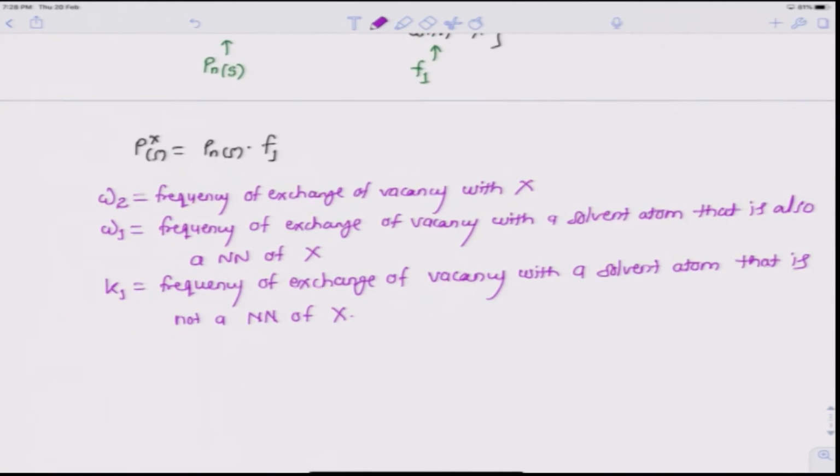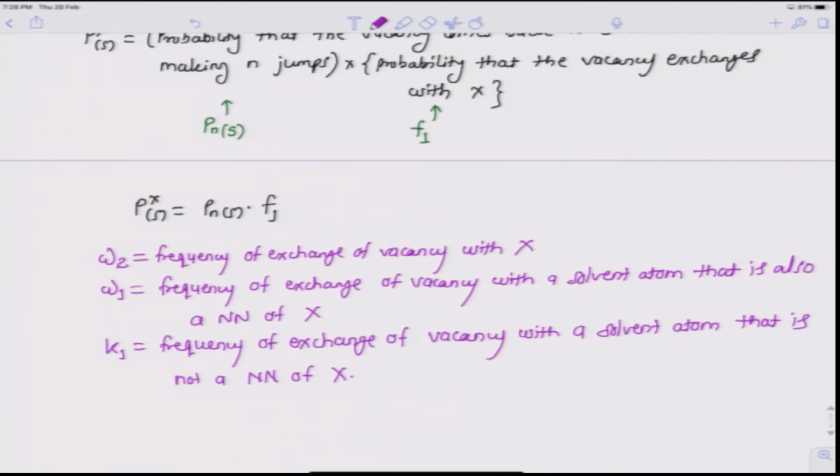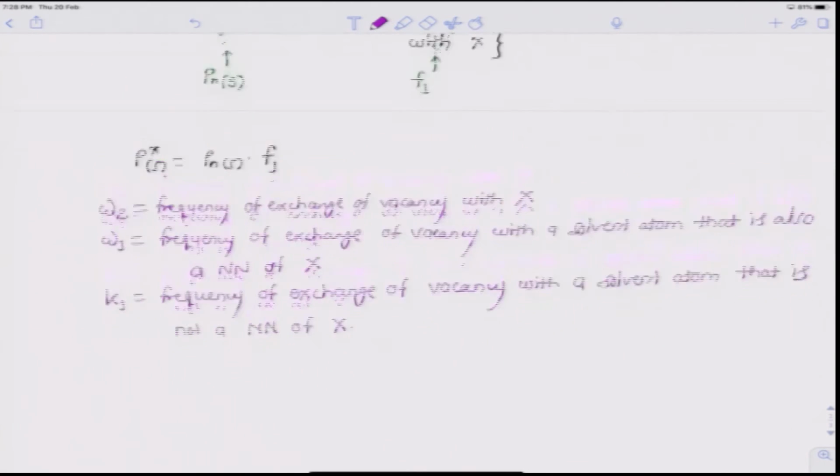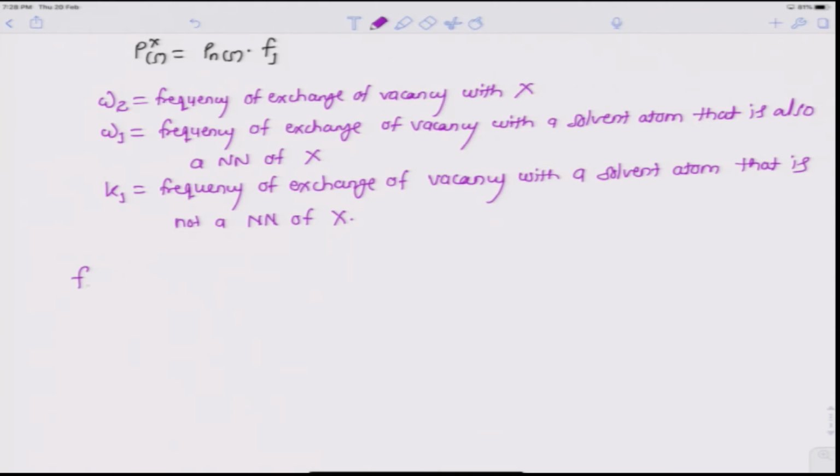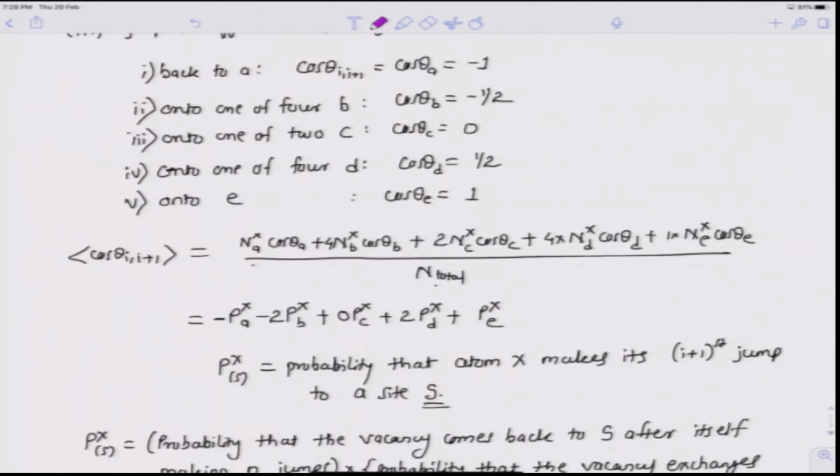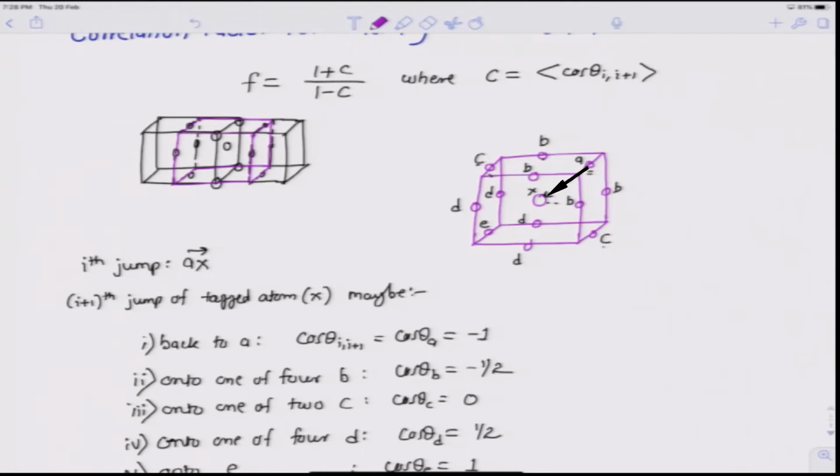So, with this F1, which is the probability that the vacancy exchanges with X, would be omega 2 over, now if we go back to this lattice, there is only one atom with which vacancy can make an omega 2 type of jump.